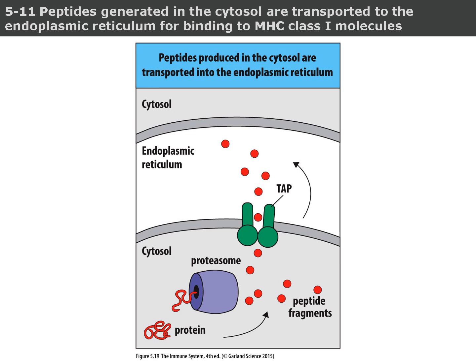The transporter associated with antigen processing, or TAP, plays a key role here. TAP is a membrane protein that selectively shuttles peptide fragments from the cytosol into the lumen of the endoplasmic reticulum. Once inside, peptides can bind to newly synthesized MHC class I molecules, preparing them to be displayed on the cell surface for immune surveillance by CD8 T cells.